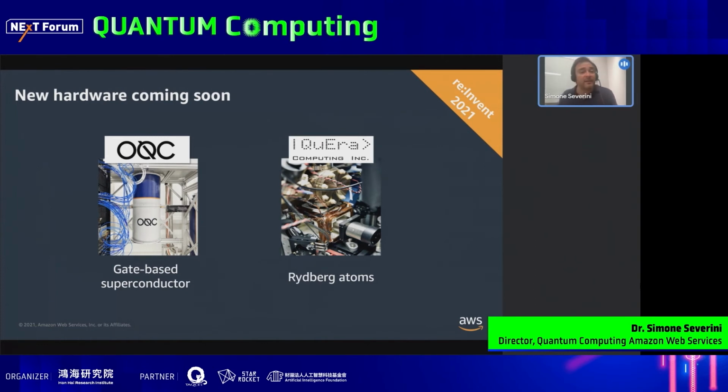I'm very excited to welcome both this new hardware to Amazon Braket, and I'm looking forward to having them available on the service in the near future. So this is to say that Amazon Braket offers different types of quantum computers and an environment for working with quantum computers for simulation but also real quantum hardware, fully integrated in the Amazon cloud, using other services.